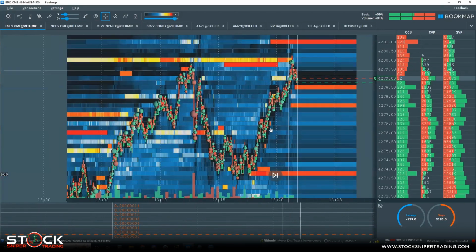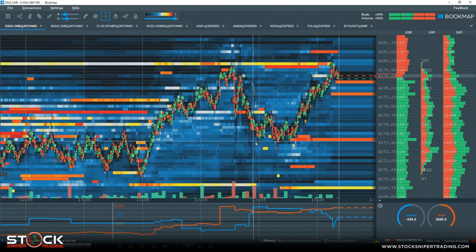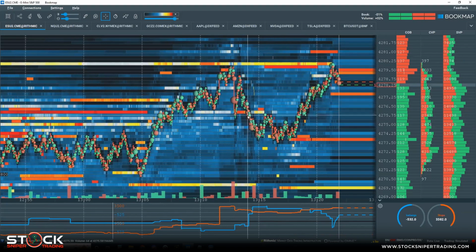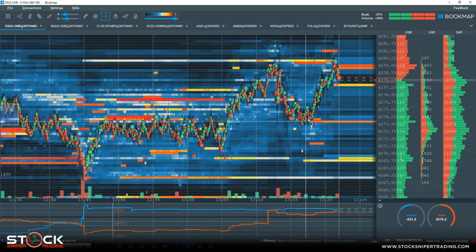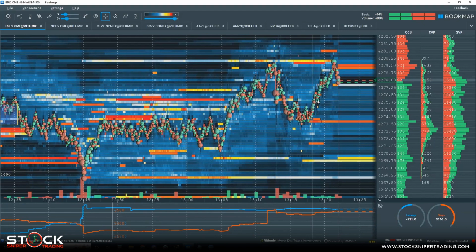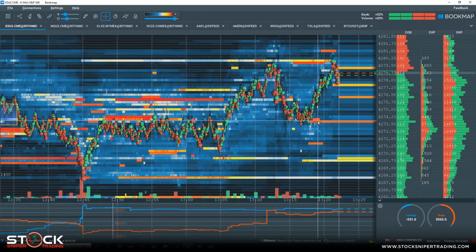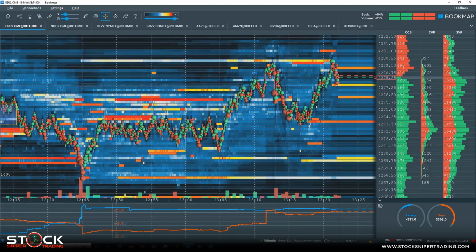So we're just reading the participants in here and starting to understand their reactions to this price structure, or the elements in here: the price structure, the aggressors, and also the heat map. And that's really it. It's just an overview here of what we're looking at in Bookmap.